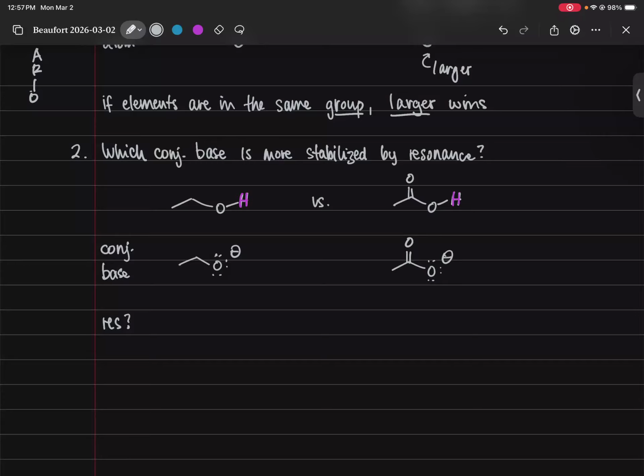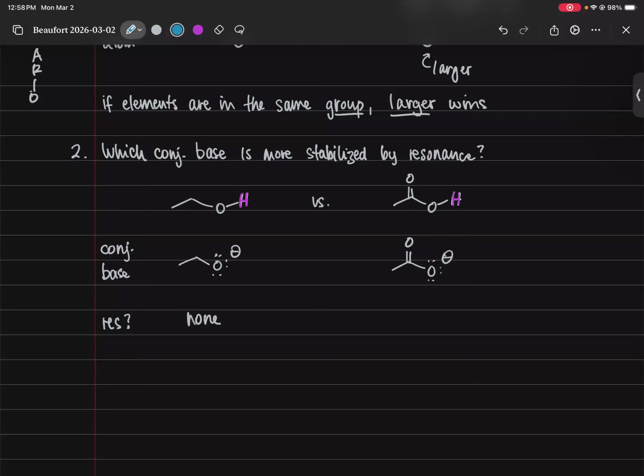Can we draw any resonance structures of the conjugate base of ethanol without breaking our two cardinal rules for resonance structures? I don't see anything. The only thing it looks like we might be able to do is move these electrons here, but that would violate the octet rule. So nope. So no resonance structures here, no resonance stabilization of the conjugate base.